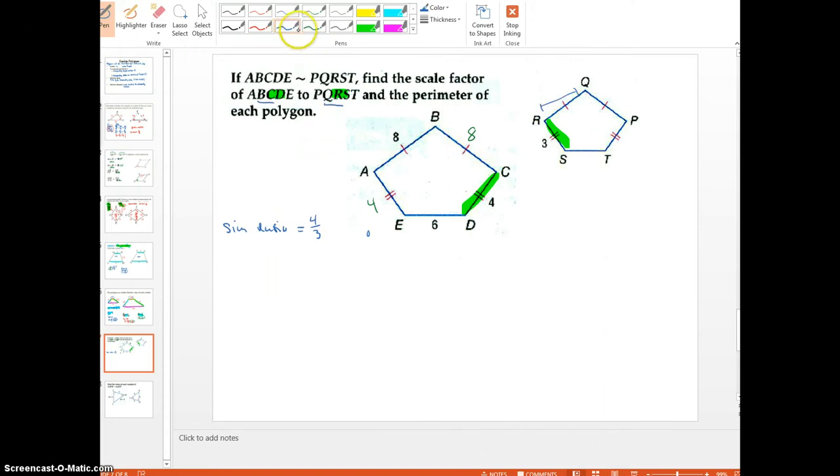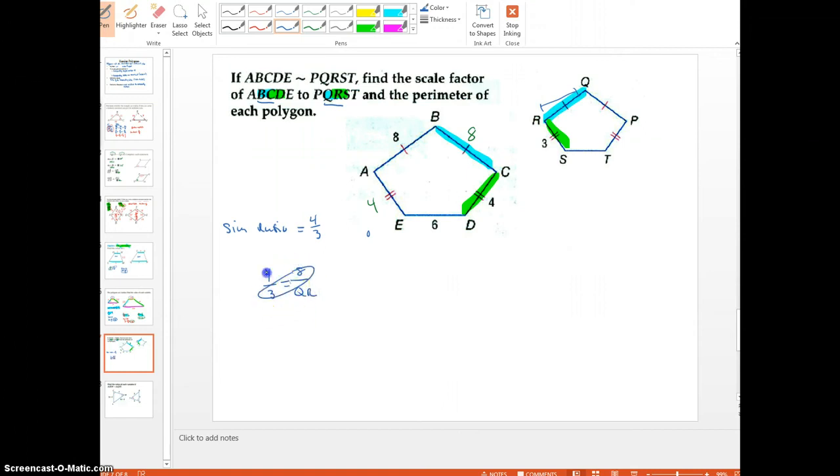To find the perimeter of the other object, we have to find QR first. QR corresponds with BC. So we set the proportion up: 4 to 3 equals BC has a length of 8 to QR.